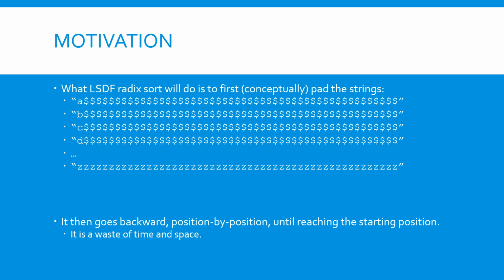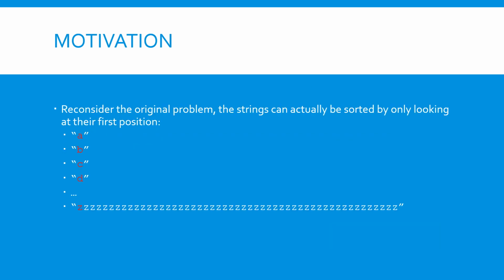In short, it wastes a lot of computation and space. Now, if we step back and think about how much computation we need to solve the problem, we immediately realize that a single sorting phase is sufficient. That is, we sort the strings with their starting positions. This is why we need MSDF Radix sort.